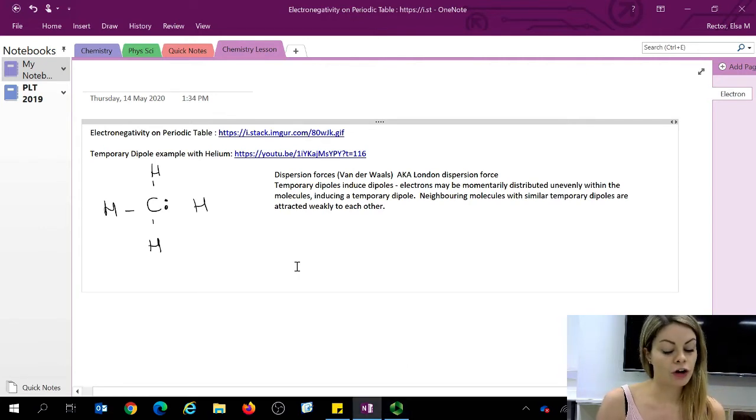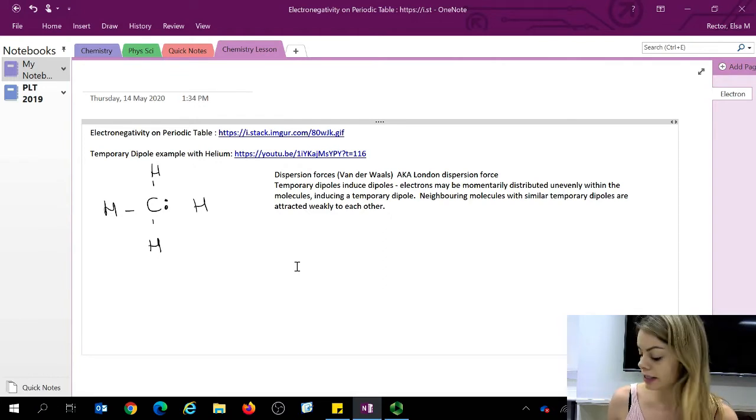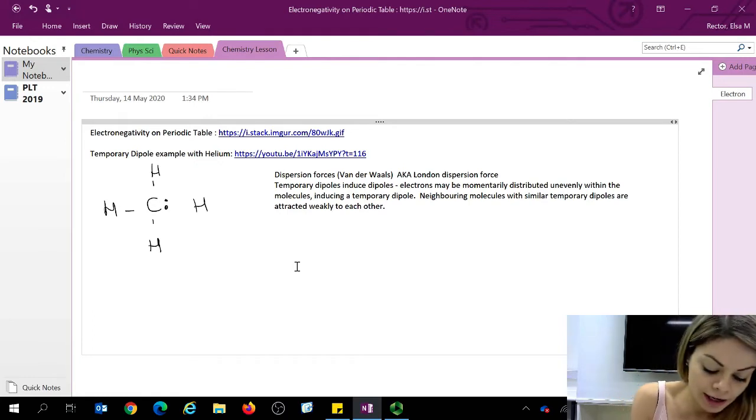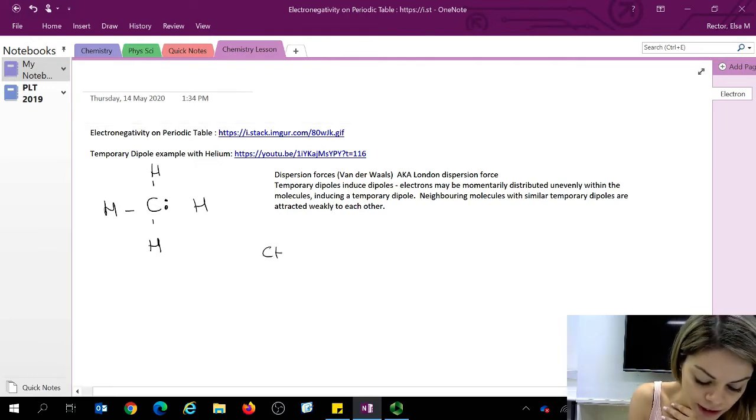The video is going to go on and talk about what affects the size of these forces. We don't need to know all of that in too much detail. I'm just going to explain it at a very basic level with our alkanes. So if we look at the difference between, let's say, ethane and hexane, ethane is CH3, CH3, okay?